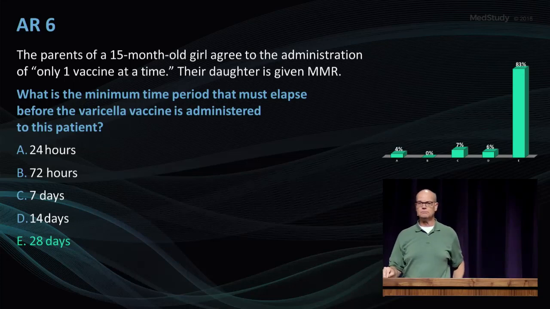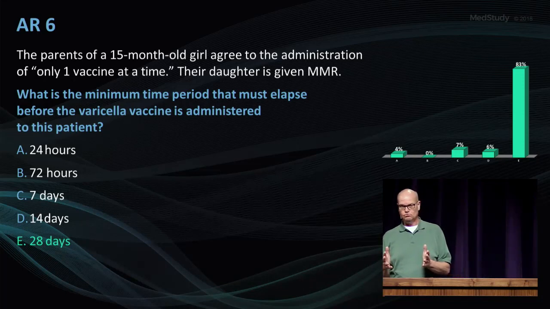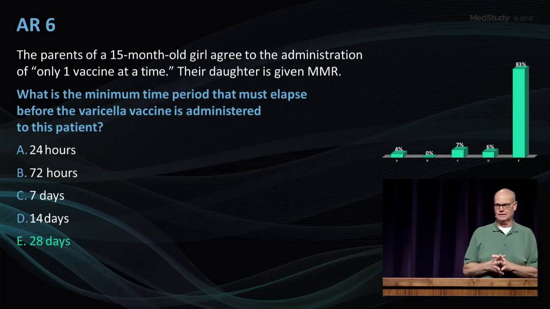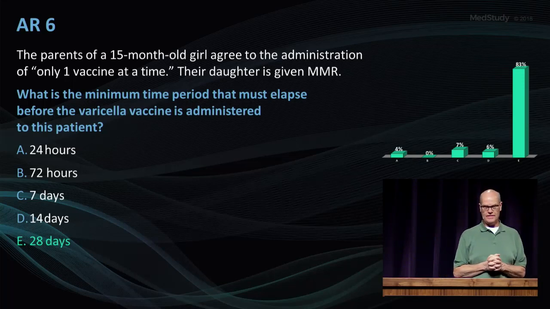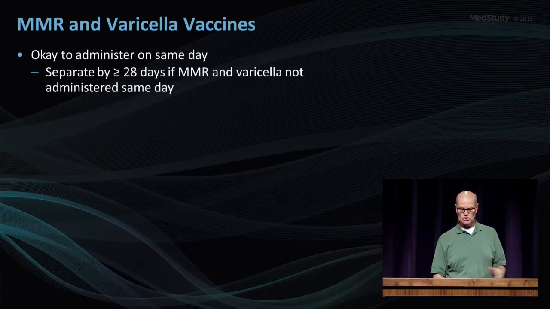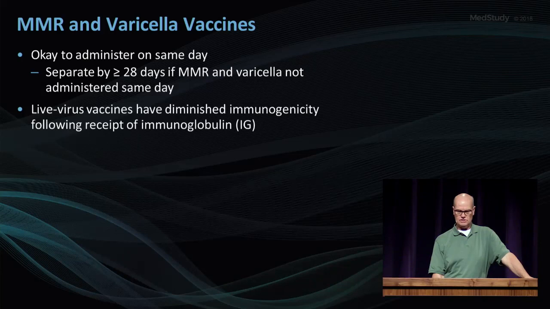And this is becoming more important among populations of parents who are vaccine hesitant, and among some proposed alternate vaccine schedules that are out there. So at least a month between any two live vaccines, if not given on the same day. So again, okay to administer on the same day, separate by 28 days if not.